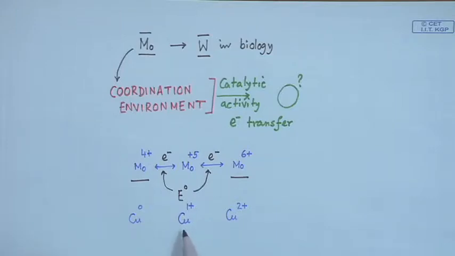If soft groups are available which can stabilize copper 1, only then do we get it stabilized. Otherwise, it can disproportionate between copper 0 and copper 2 plus, and here also you have two E0 values involved, in the process we call self reduction and self oxidation.